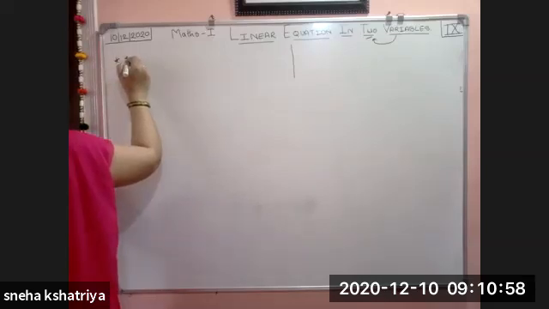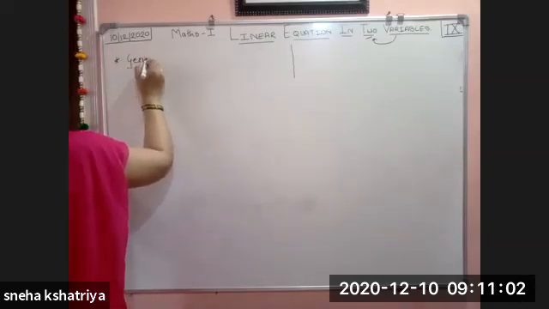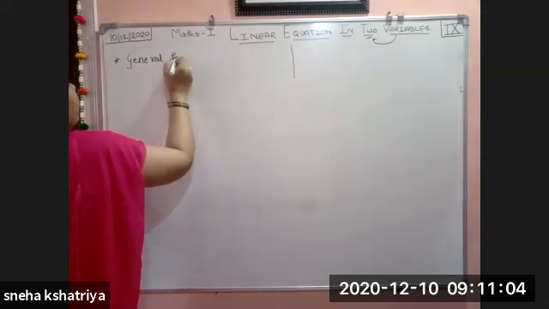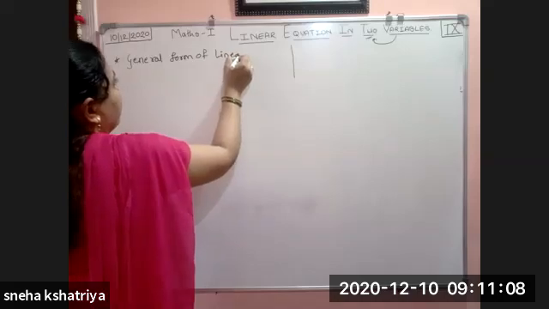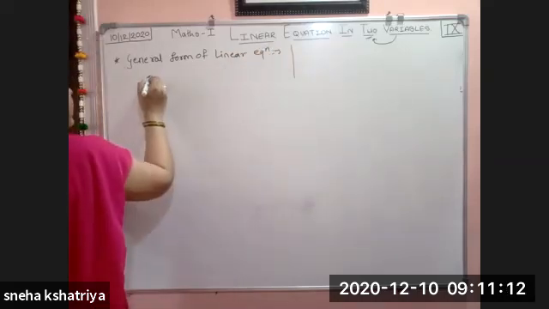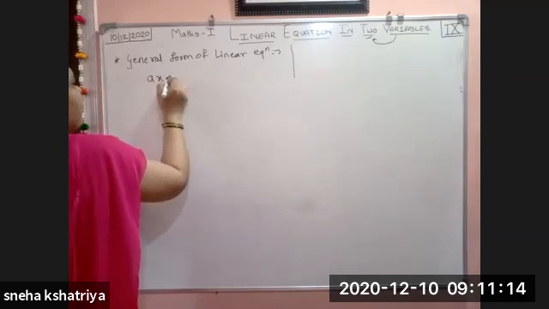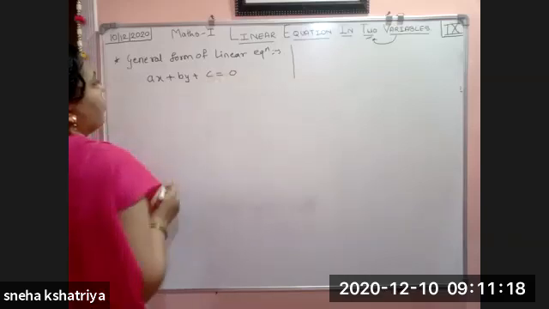Before that, we will see the general form of a linear equation. The general form of a linear equation is given by ax plus by plus c is equal to 0.